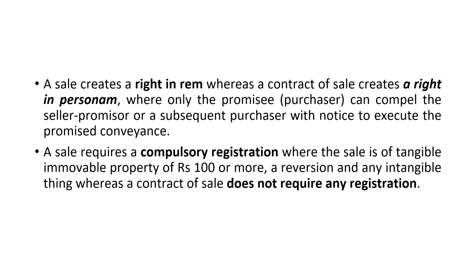But in case of contract of sale, I will have a right only against the seller who is selling it, nothing else. So, sale requires compulsory registration, whereas contract for sale does not require any registration. So, this is the main difference between sale and contract for sale.